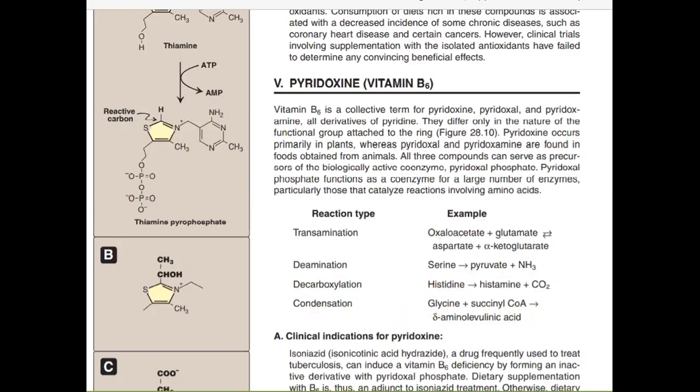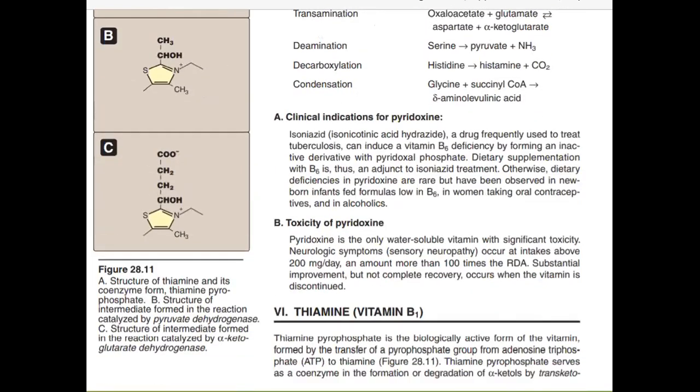Next, it's very little, so I'm reading it completely. Let's see the clinical indications for pyridoxine. This is very important, and it is also present in your First Aid. Isoniazid is an anti-tubercular drug, frequently used to treat tuberculosis. It can induce a vitamin B6 deficiency by forming an inactive derivative with pyridoxal phosphate.